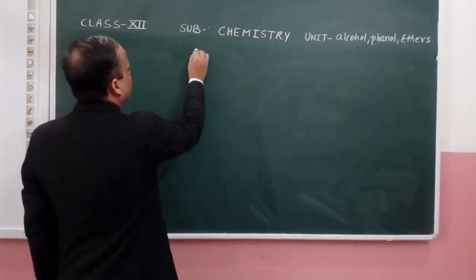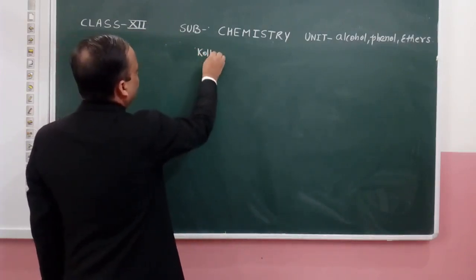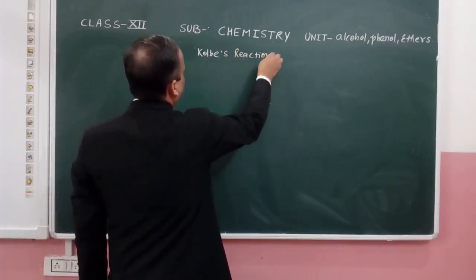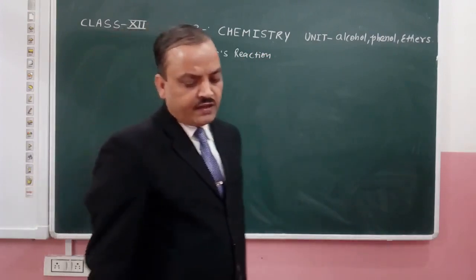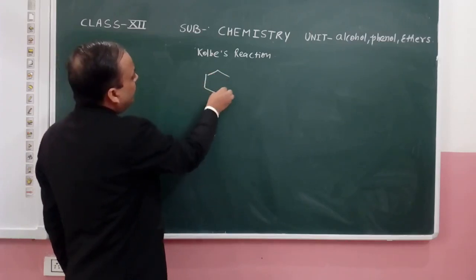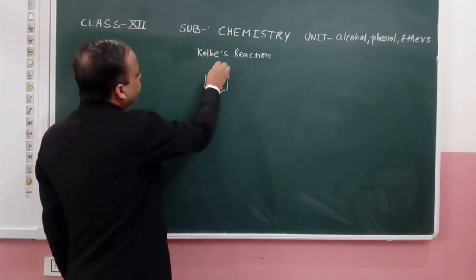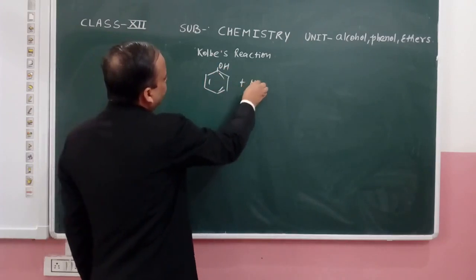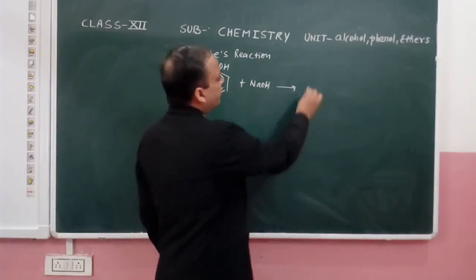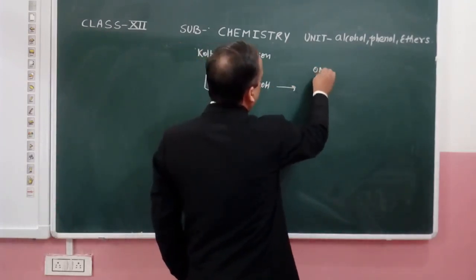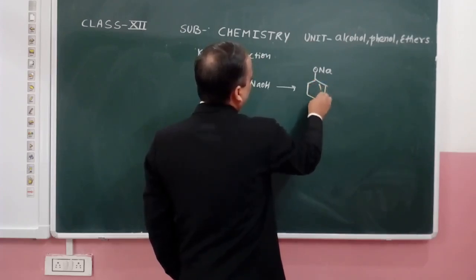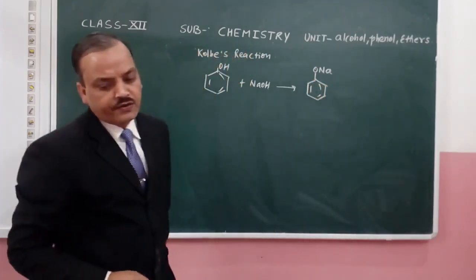So, the first reaction is the Kolbe reaction. In this, when phenol reacts with NaOH, there is formation of sodium phenoxide.